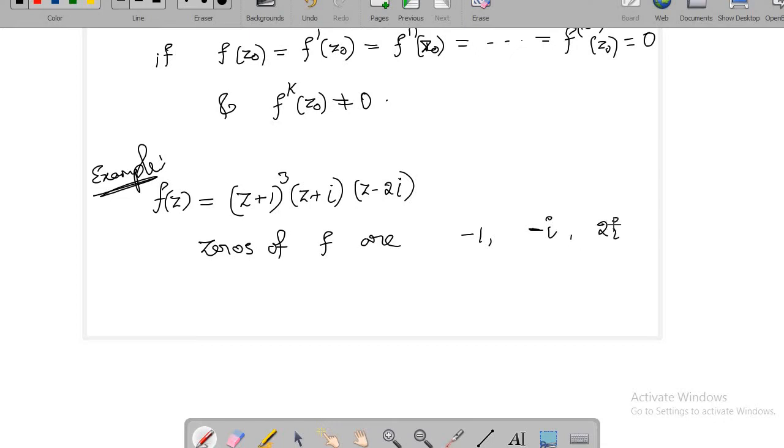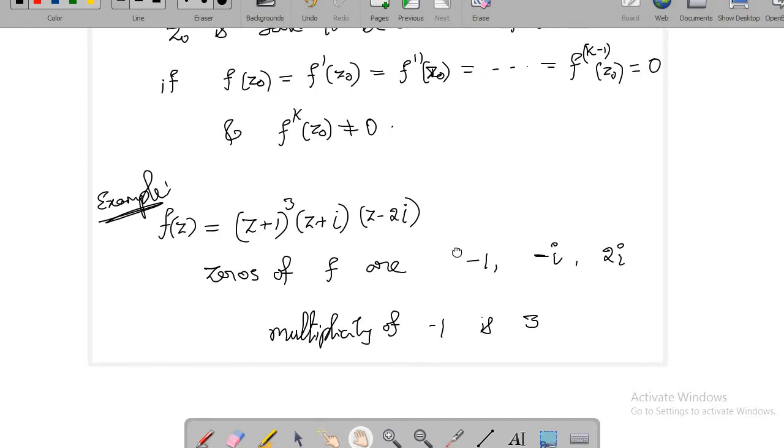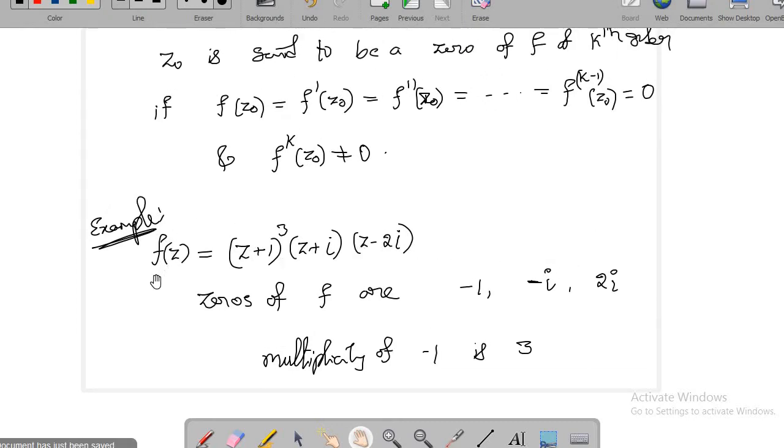When it comes to the multiplicity of negative 1, that is 3. Why? Because it is a root 3 times, and you can check with this definition. Up to the second derivative, when you substitute negative 1, you will get 0, and the third derivative will be non-zero.